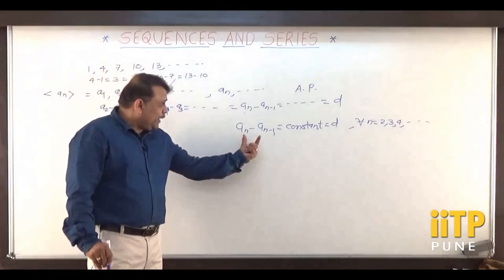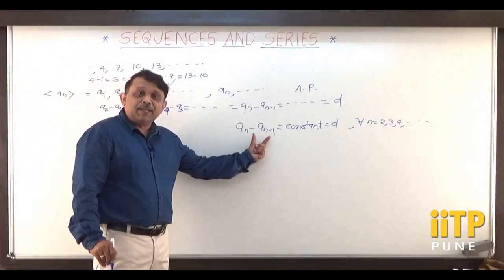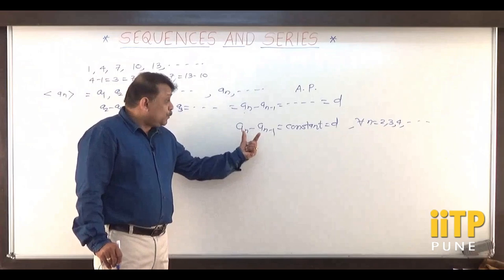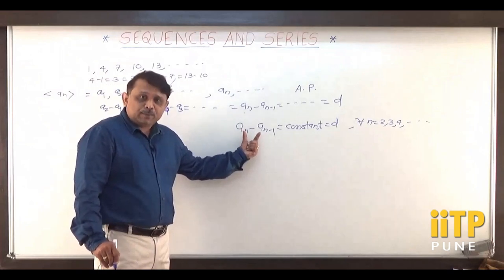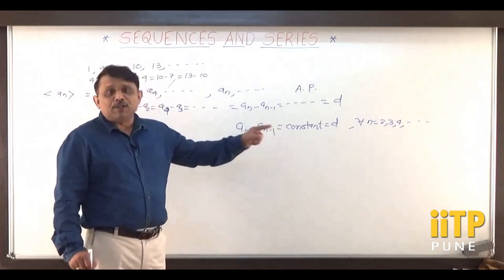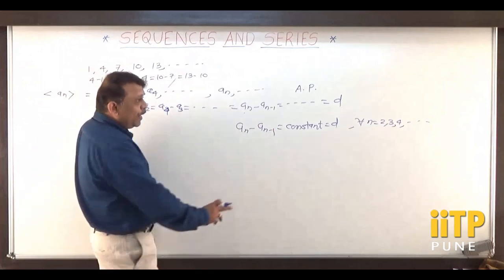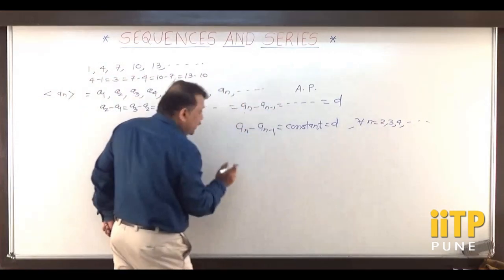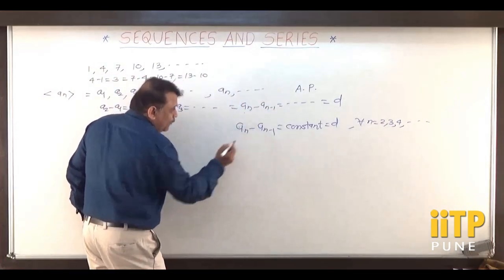So, the difference between an and an minus 1 means the difference between any two consecutive terms of the sequence remains constant. That is called what? AP. If I put n equal to 2 over here, I get A2 minus A1.